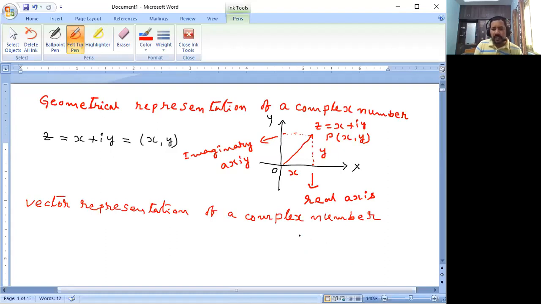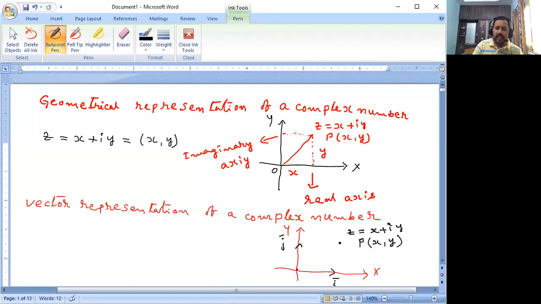We know that in the coordinate system, i and j are unit vectors along the x-axis and y-axis. This is i bar, this is j bar. Now this point is the complex number z is equal to x plus iy, (x, y). Join these two. This is the OP line.